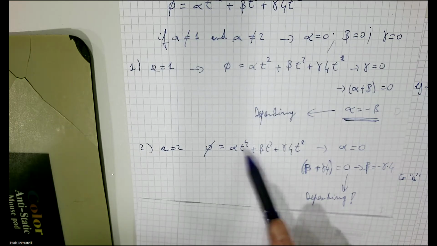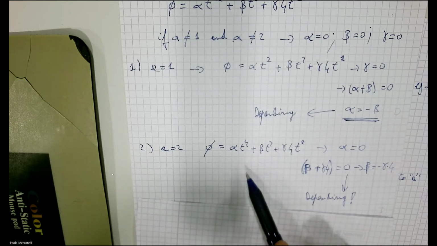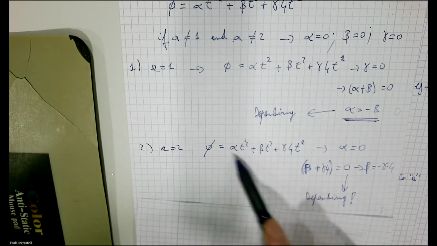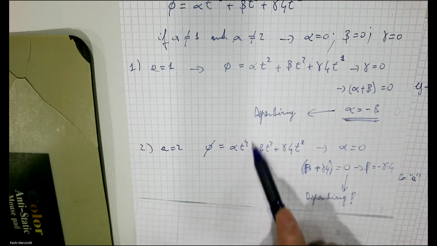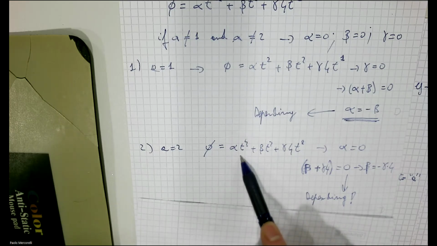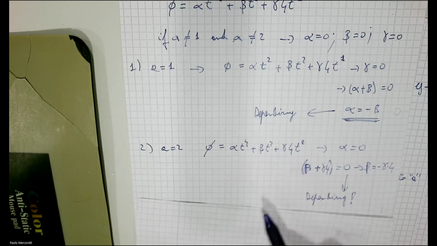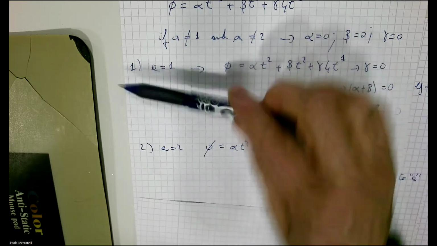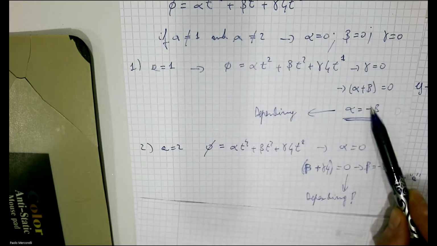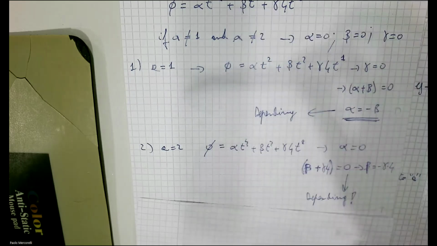Because this is the unique t up to 4. This means necessarily this cannot be combined. To obtain 0, this must be necessarily 0 because I cannot find any combination with the rest. But alpha equals minus beta, which is the same. I mean, case number 1 is okay. Do you agree? No, we have 2 separate cases.